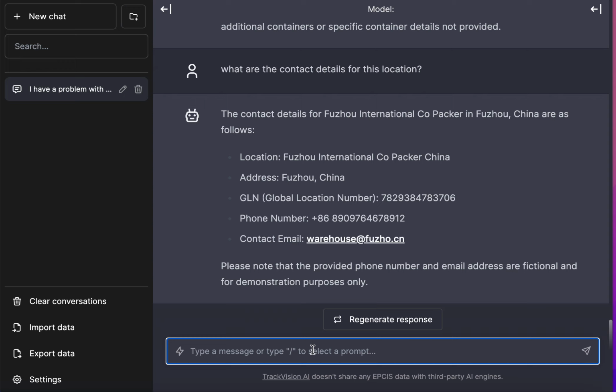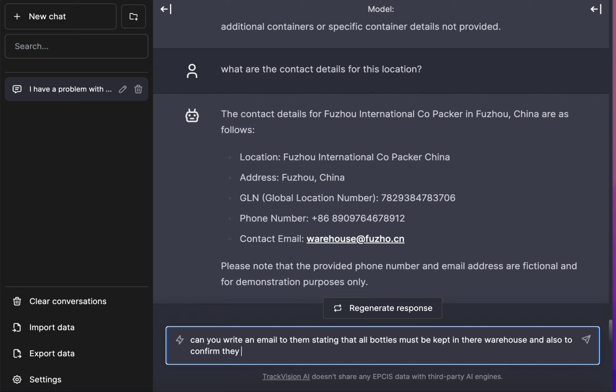So what I'm going to do is ask, can you write an email to them stating that all bottles must be kept in their warehouse, and also to confirm that they can trace all containers, all 153 of those containers?